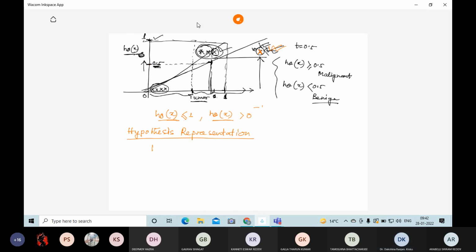So what does h theta x represent? We can write h theta x equals theta transpose x. More elaborately, theta transpose x may be theta 0 plus theta 1 x1, plus theta 2 x2, and so on.